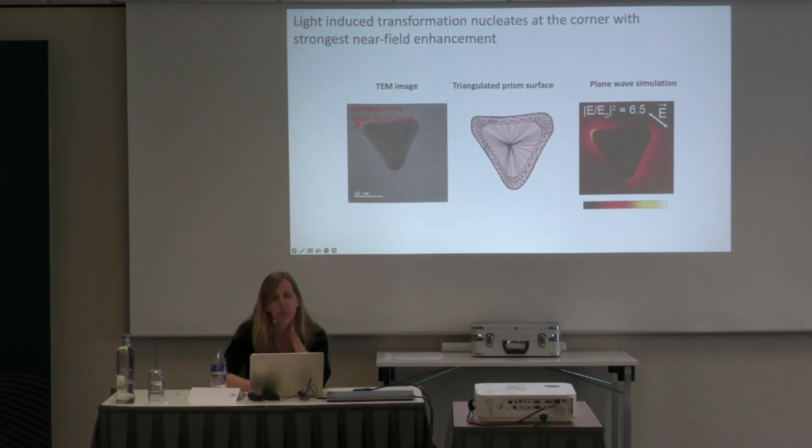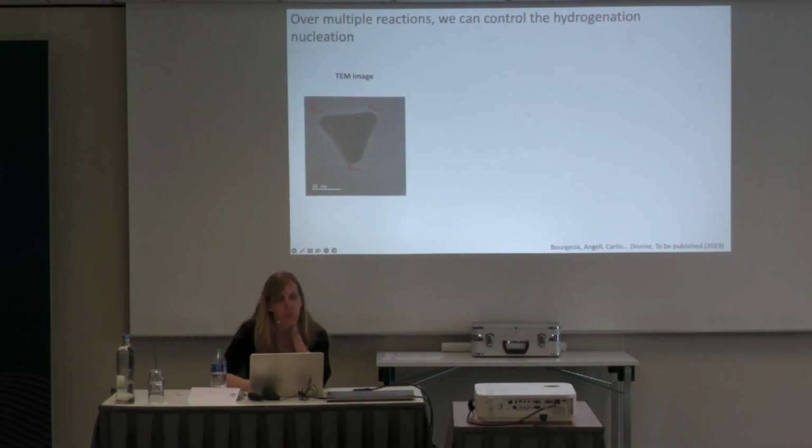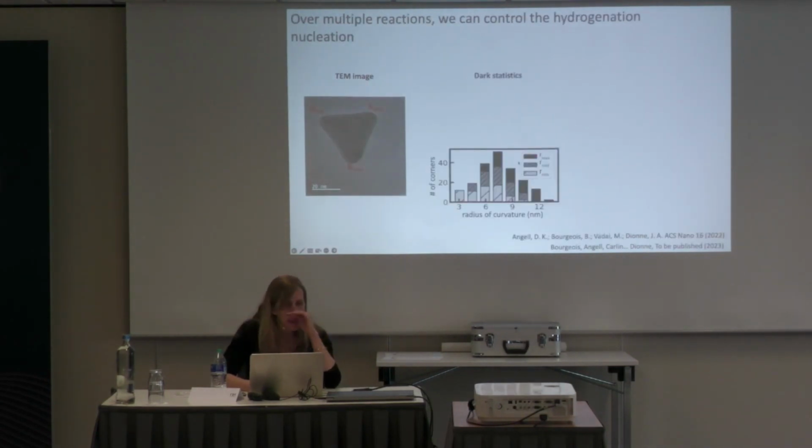And when we do full field simulations that take into account the exact structure of the nanoparticle, we wind up finding that this peak is the one that has the strongest electric field enhancement, and that is what's driving the dehydrogenation. So we can follow that over multiple hydrogenation steps.